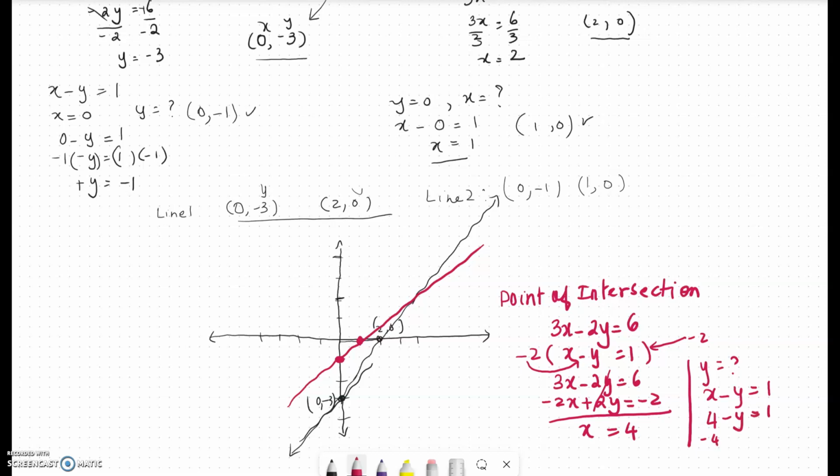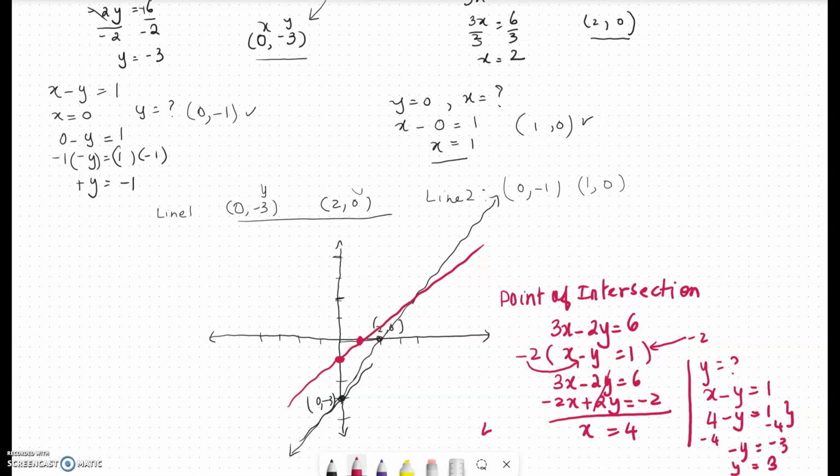We subtract 4 on both sides, so we get y by itself. So negative y equals negative 3. 1 minus 4 is equal to negative 3. Now we multiply both sides by negative 1, and that cancels the negative sign on both sides, and we get y equals 3.